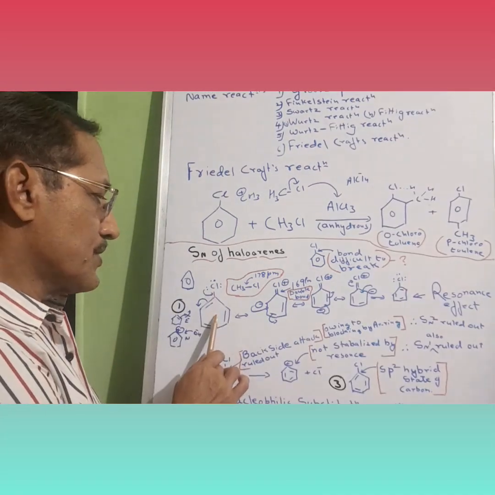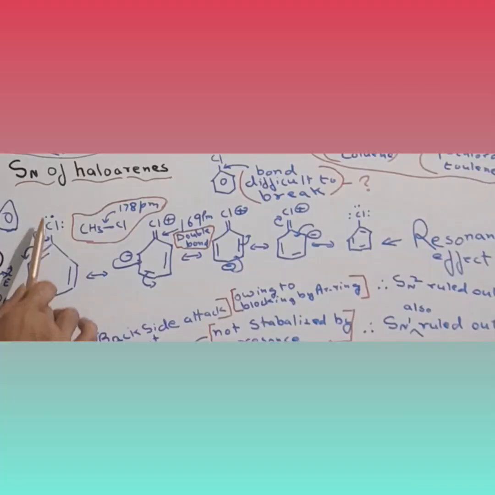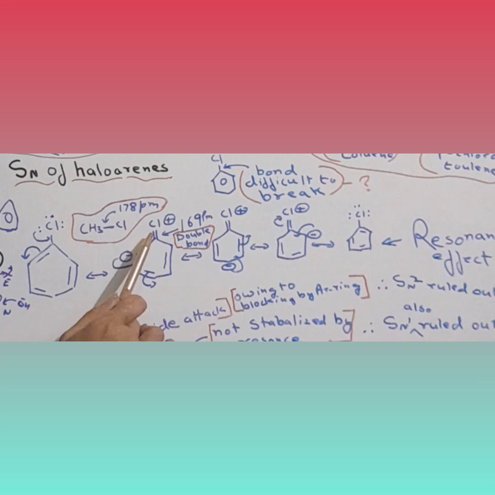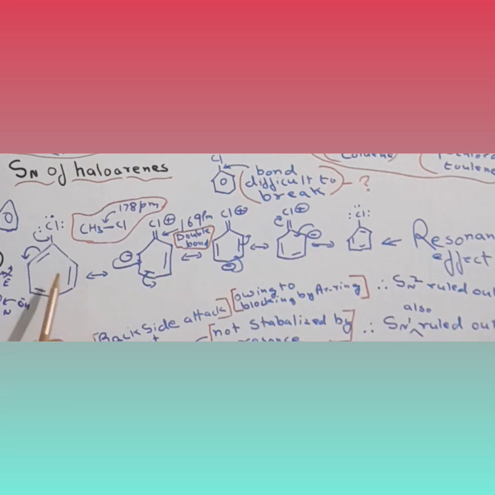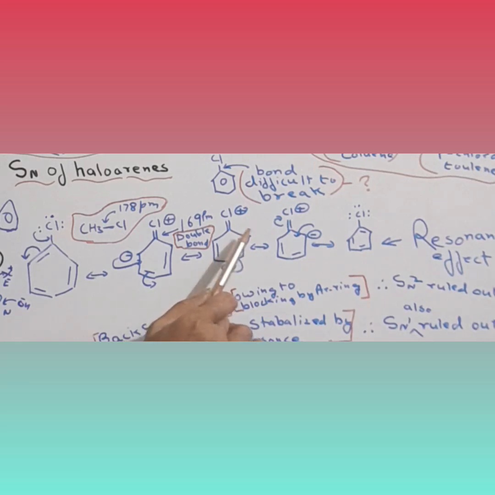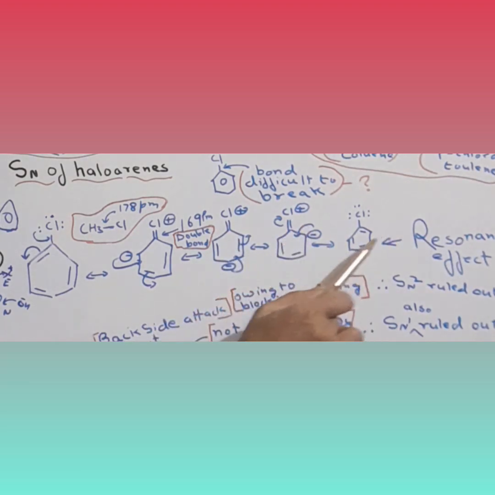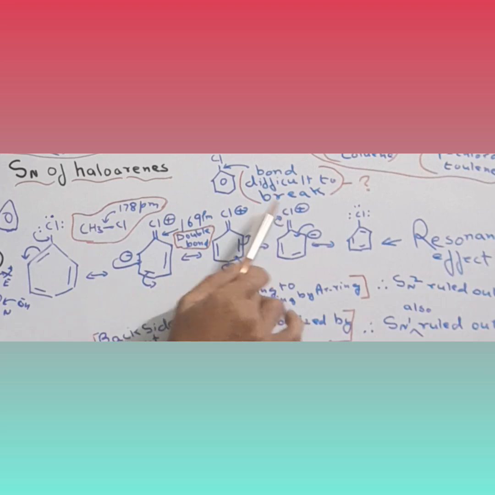Now first reason is, check out over here, this lone pair of electrons shifts over here, forms double bond characteristic, and this double bond characteristic is stabilized by what? By this shifting here, this shifting here, then this shifting here, and again this shifting back to this space.